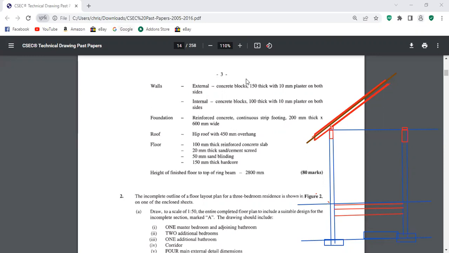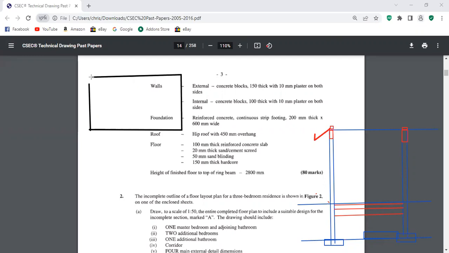Because in this case, this is a hip roof. And what do we know about hip roofs? Hip roof kind of, not necessarily square.